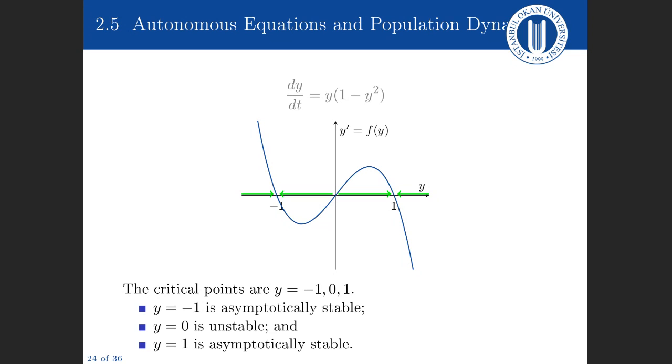We look at the green arrows. At -1, both of the arrows are pointing towards it, so it's asymptotically stable. At 0, both of the arrows are moving away, so it's unstable. And at 1, both of the arrows are moving towards, so the critical point or the equilibrium solution must be asymptotically stable.